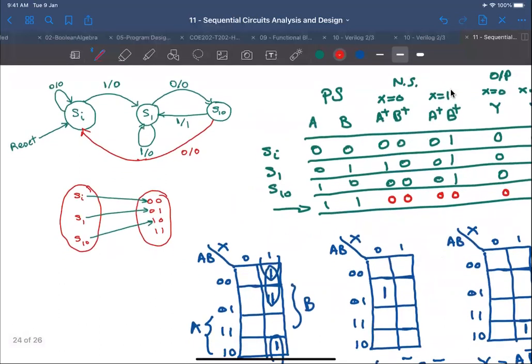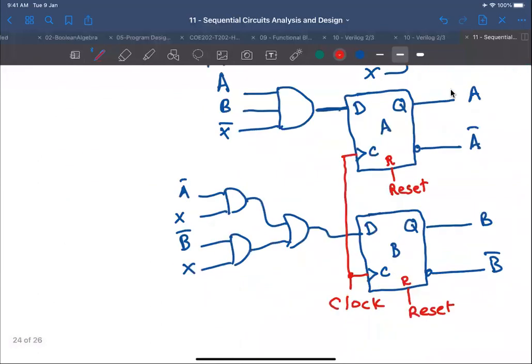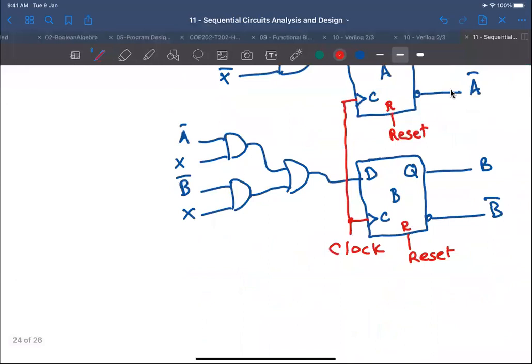It works like this because I have assigned my initial state to be 00. If I assign my initial state to be 01, then you cannot have this. You must have an asynchronous set, and you must connect both to reset.